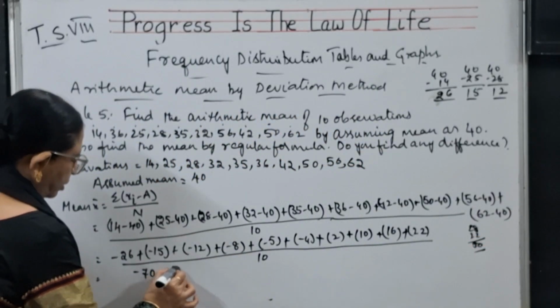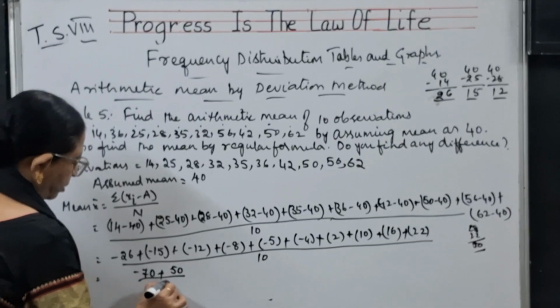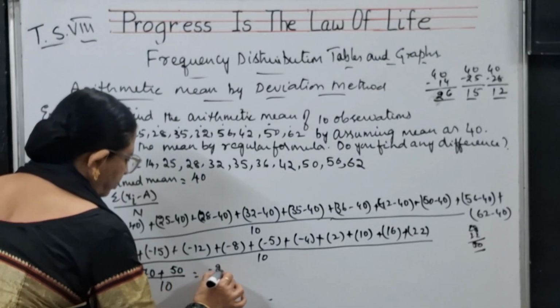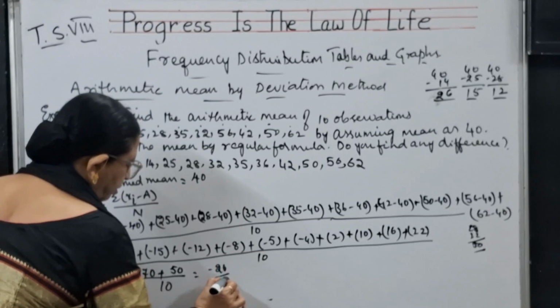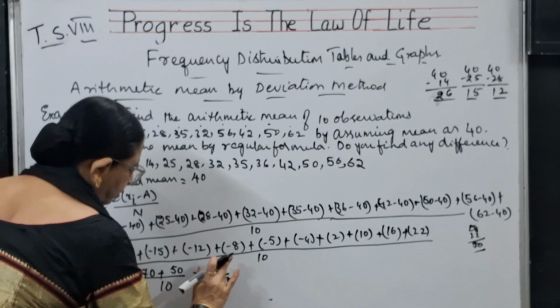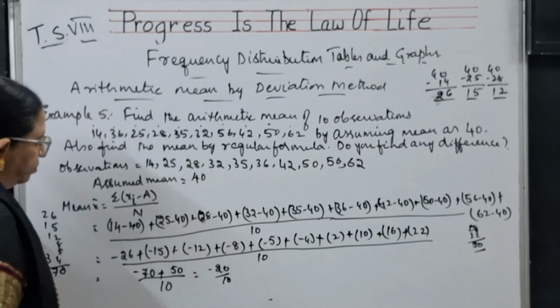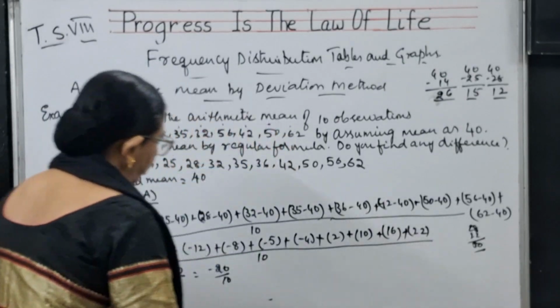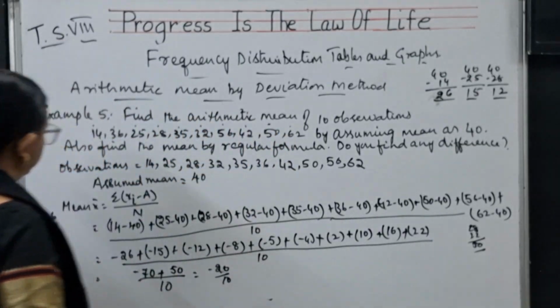So minus 72 plus 50, divided by 10, gives minus 22 by 10.